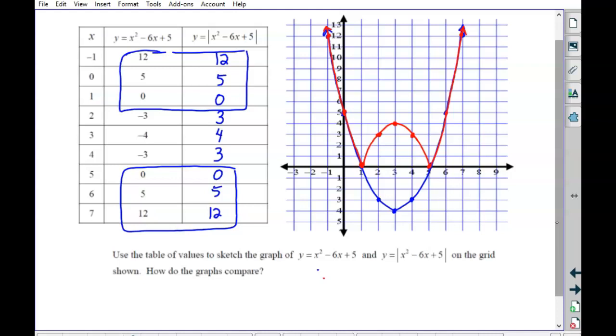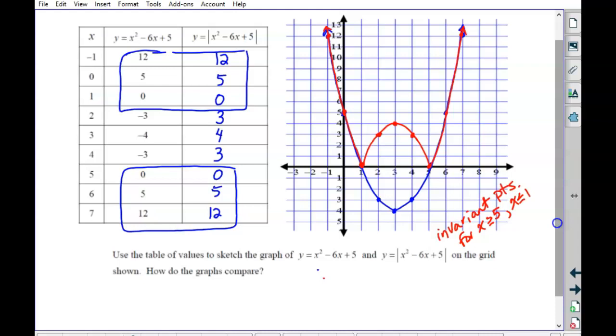Any x values that had a y value greater than or equal to 0 don't change. So all of these are invariant. All of these are invariant. So invariant points would be for x greater than or equal to 5 and x less than or equal to 1.